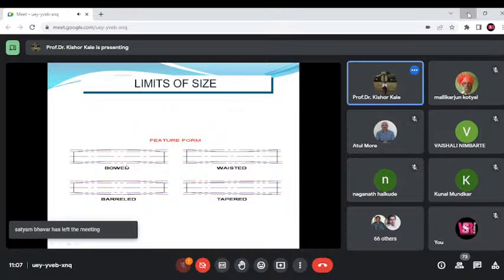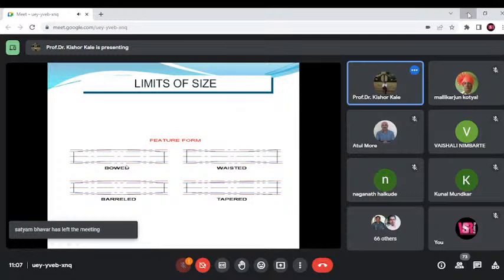Accordingly, the values show how much size or shape may vary, which is important, which is least important, which is more important. All this depends upon how the particular product or feature functions in the assembly.